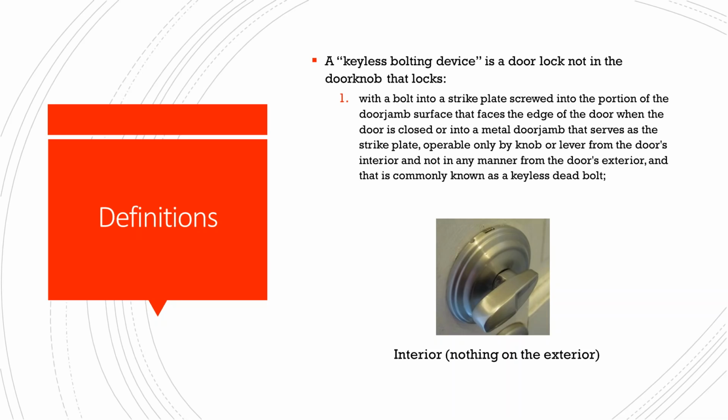So first, it's a door lock not in the doorknob that locks, and you'll see this long definition, with a bolt into the strike plate screwed into the portion of the door jamb surface that faces the edge of the door when the door is closed, or into a metal door jamb that serves as a strike plate, operable only by a knob or lever from the interior and not in any manner from the exterior. So commonly known as a keyless deadbolt. So here's a picture of what it might look like on the interior. There's nothing on the exterior.